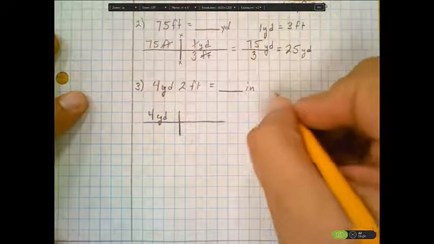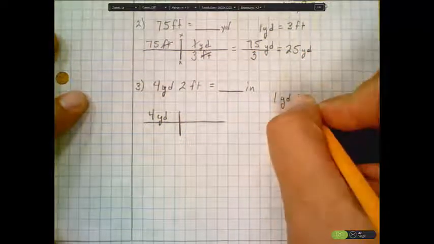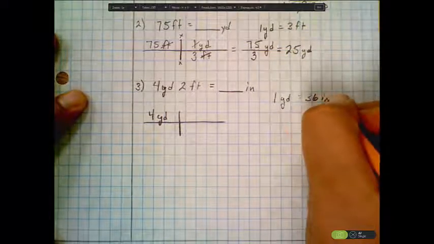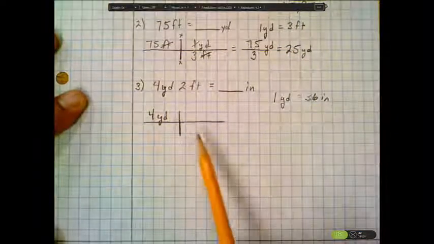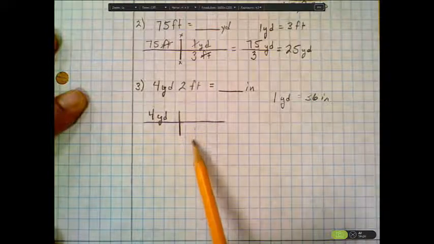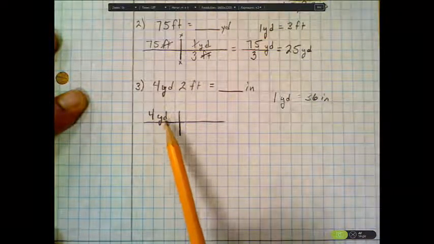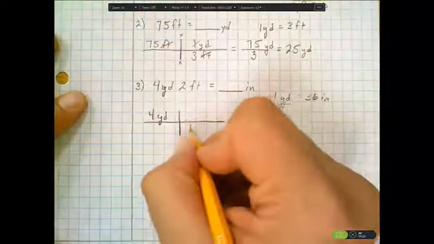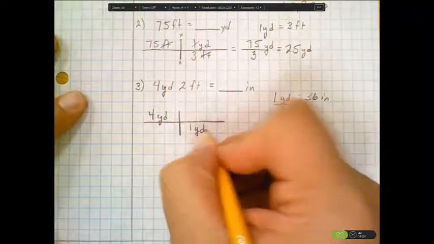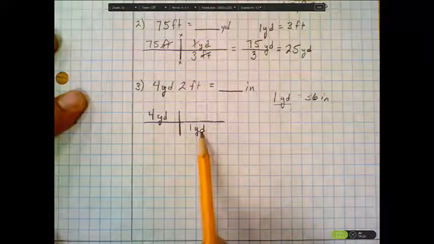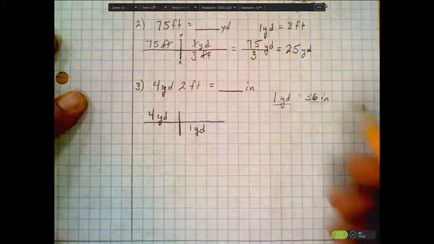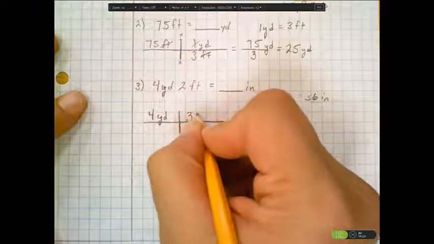Well, if you look at our conversion factor, you'll see that we have 1 yard is equal to 36 inches. We need to put that as a fraction. We start with yards here. That means we're going to put yards on the bottom of the second section because we want those yards to cancel out. That means what's left over is the 36 inches, and that goes on the top.